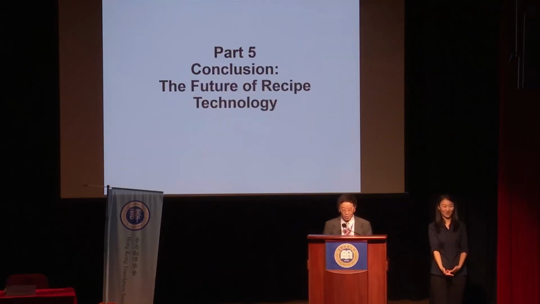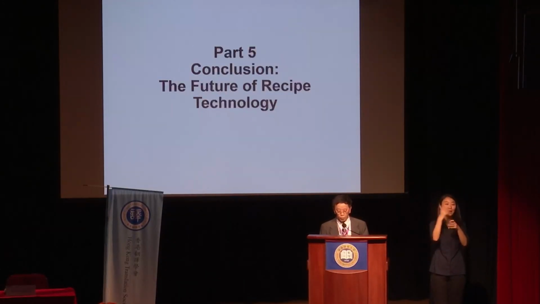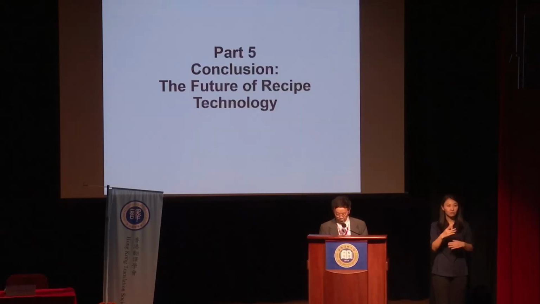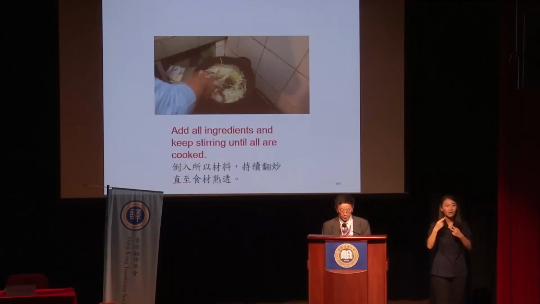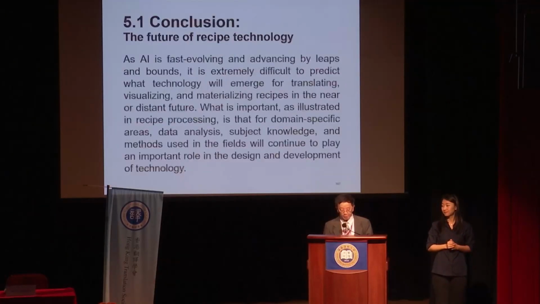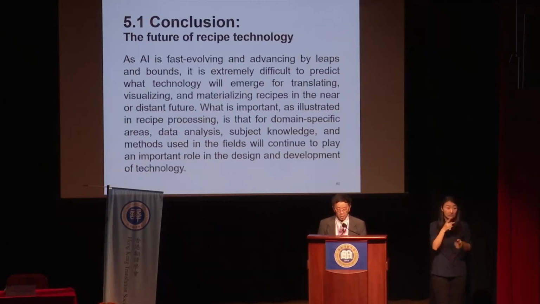Okay, the last part is the conclusion, where we look at the future of recipe generation. As AI is fast evolving and advancing by leaps and bounds, it's extremely difficult to predict what technology will emerge for translating, visualizing, and materializing recipes in the near future or even distant future.